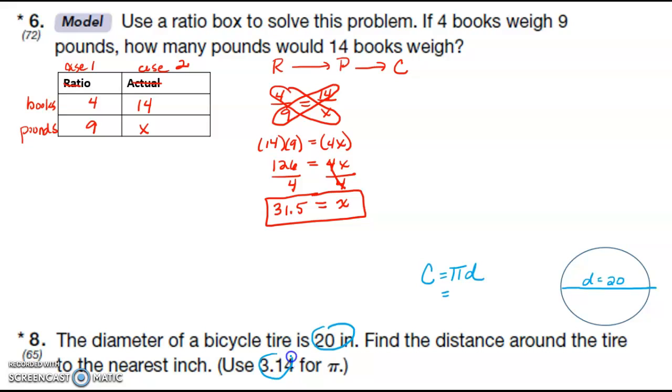It says use 3.14 for pi. 3.14 times 20. Using my calculator, 3.14 times 20 is 62.8, which rounds to 63 inches. Oh, there it is. Sorry, I can't see it. It's a little dot. Okay.